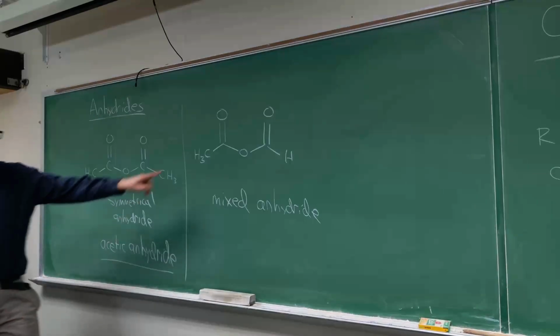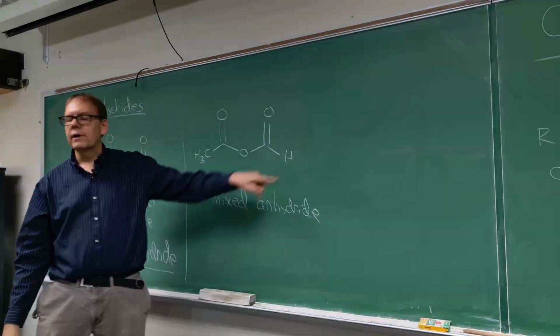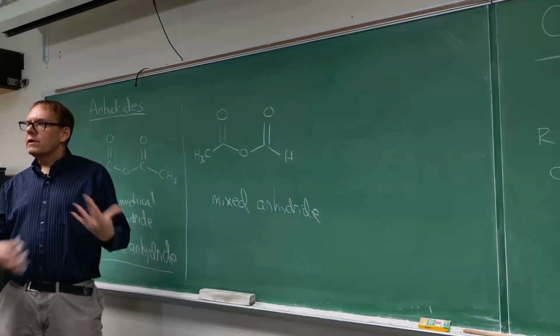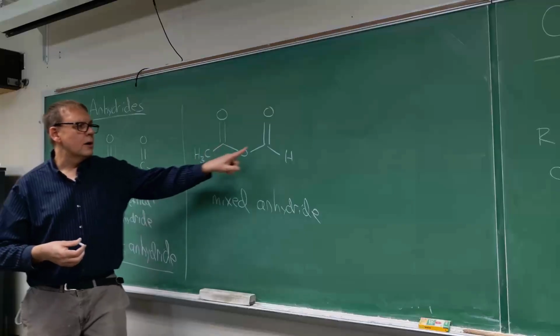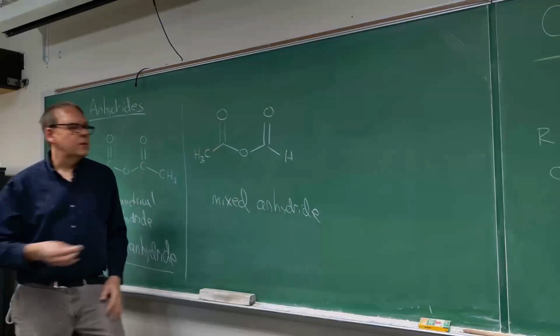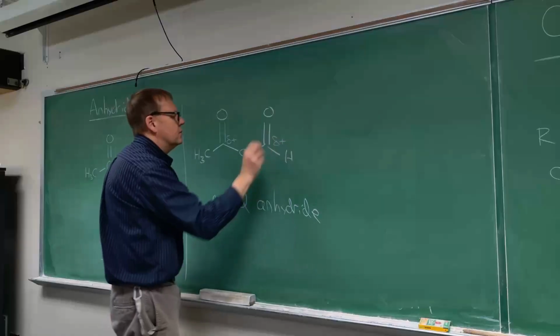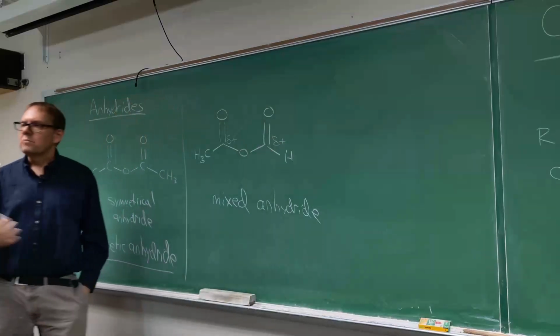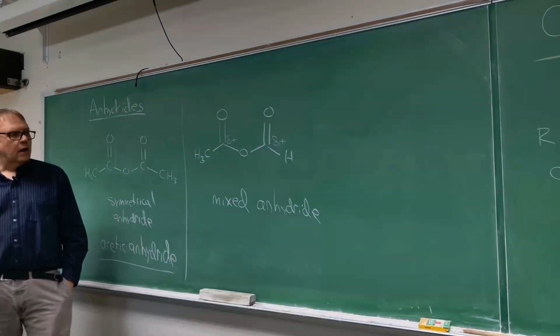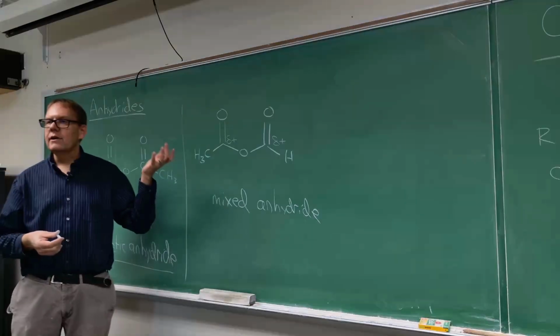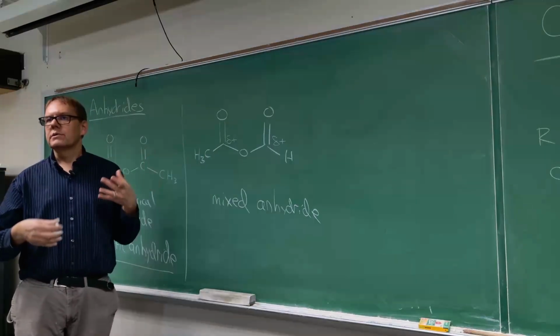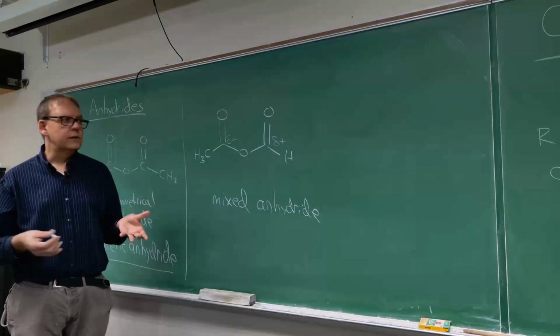So it's got one methyl group and then a hydrogen over here. The thing about these is that they have two carbonyls, and both of these carbonyls are partially positive. So they're both potentially reactive with nucleophiles, but sometimes one is more reactive than the other. So in cases like that, you have to decide which of the two carbonyls is going to be more likely to be attacked by a nucleophile.